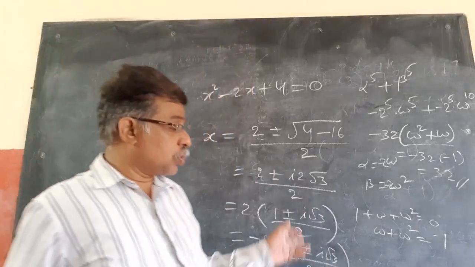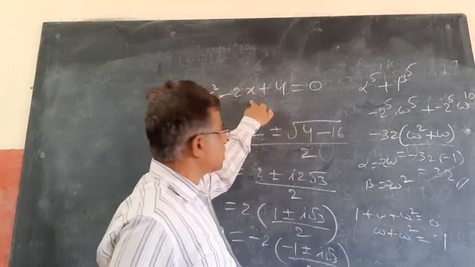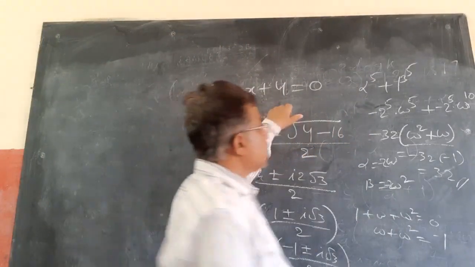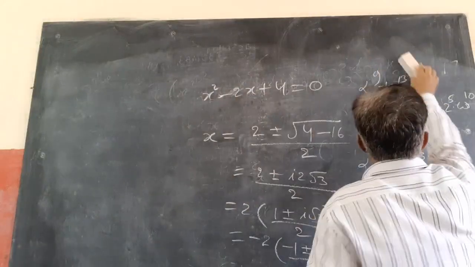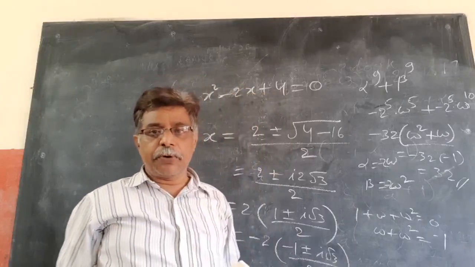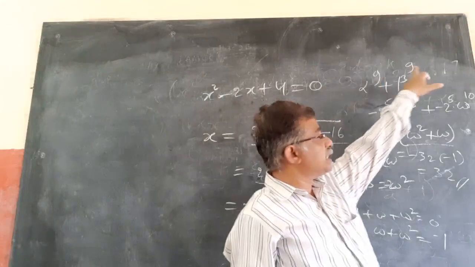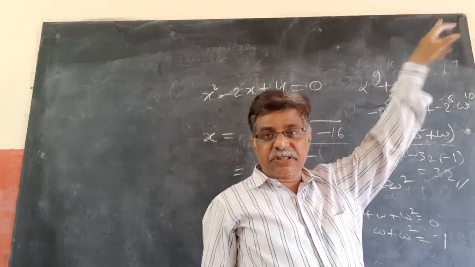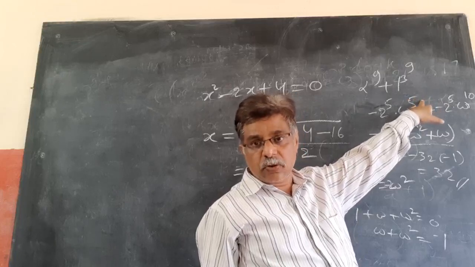And if you come to 2013, they asked the same question: x square minus 2x plus 4 equal to 0, find the value of alpha power 9 plus beta power 9. It means the same question, just a change in the powers, from the 1990s to the 2013 question.